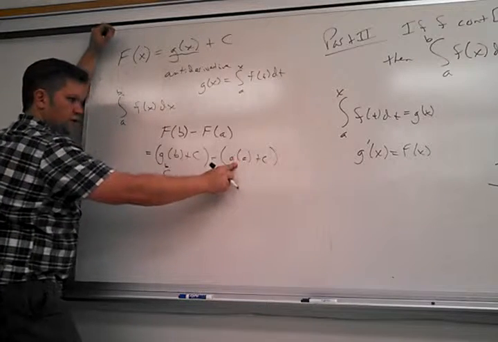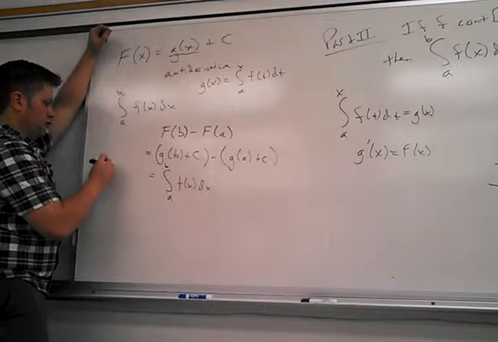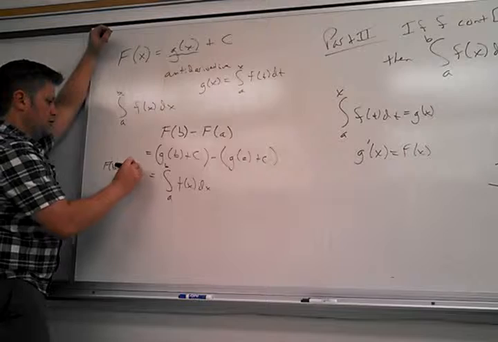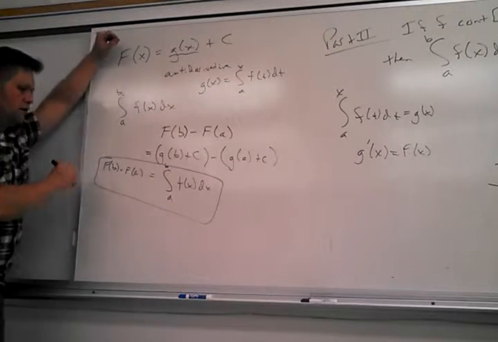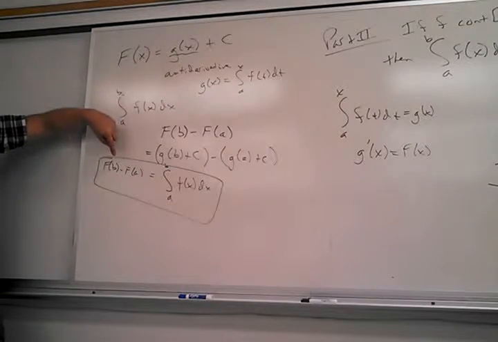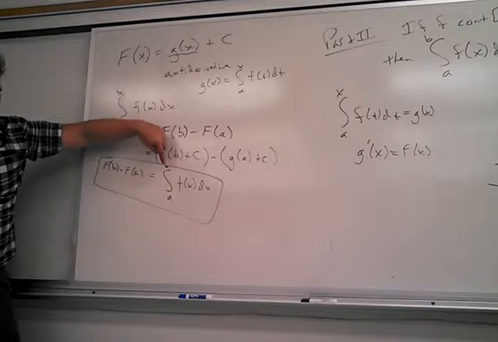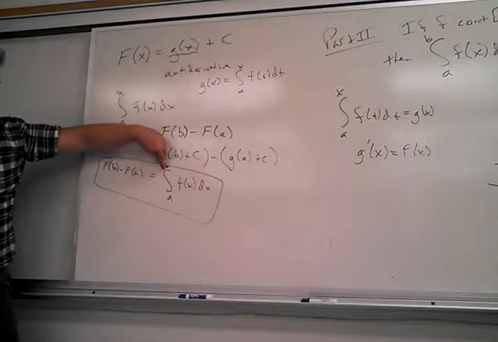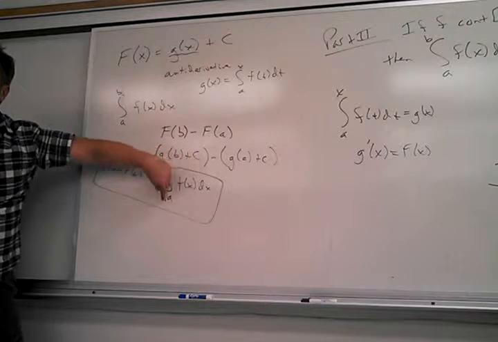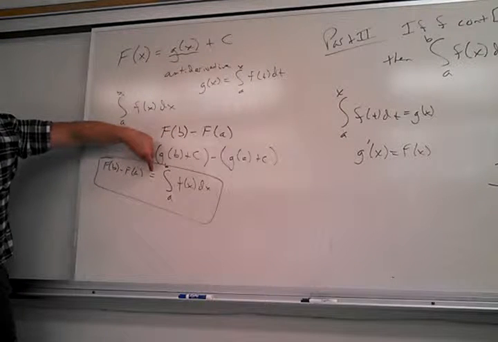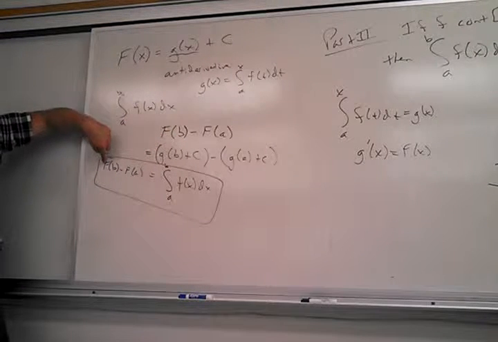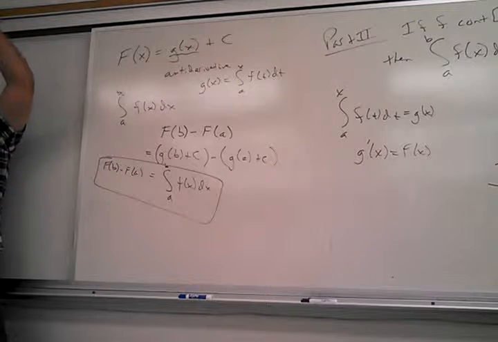C's cancel, g of a is 0. So then I've proven that, of course I screwed it all up by going backwards first. But I've just established that the integral, this thing that used to just mean the area under the function from a to b, now is equal to the antiderivative evaluated at each endpoint.